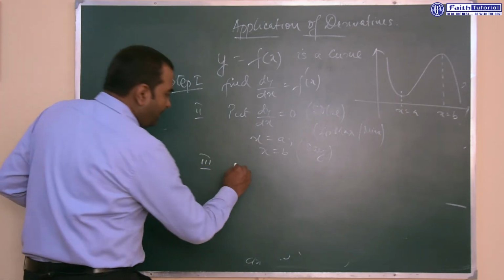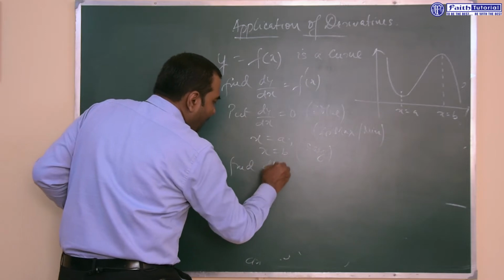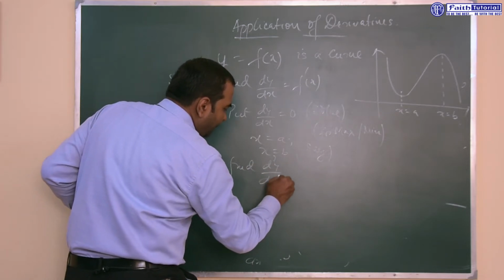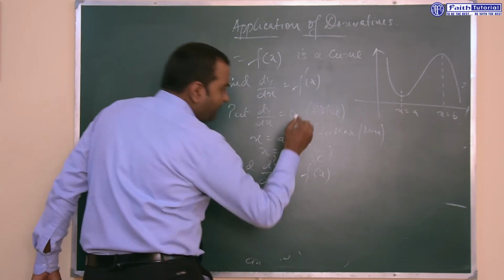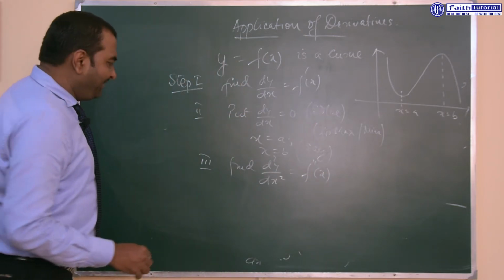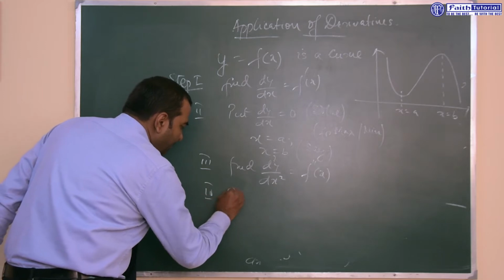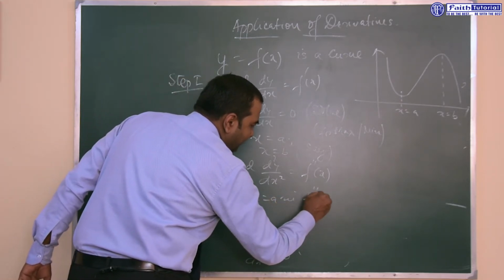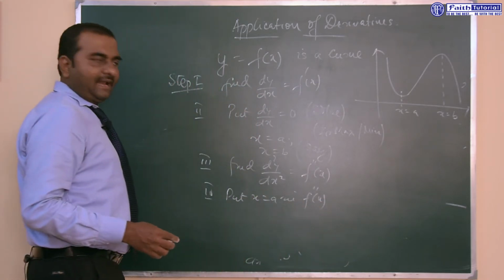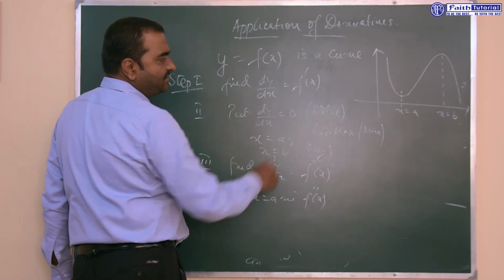That third step, find d2y by dx2, that's the second order derivative, which is f double dash x, and eventually put x equals to a in f double dash x. That means in the second order derivative, put the first value.